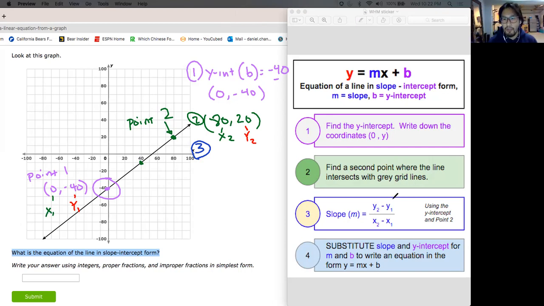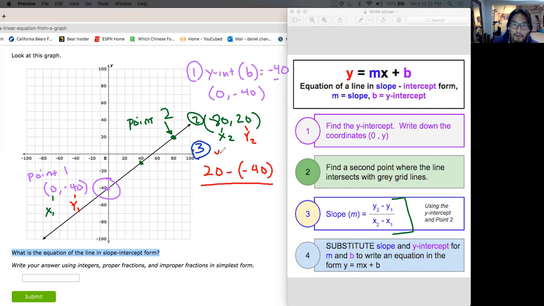I'm going to use this formula using the y-intercept as point 1 and point 2. All right, so I'm going to take the y coordinate of point 2 and I'm going to subtract the y coordinate of point 1. So that's 20 minus negative 40. Notice those minus negative, the two negatives there.